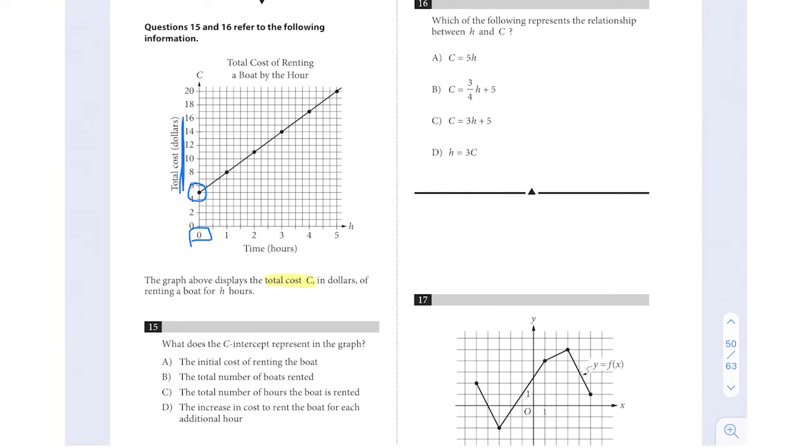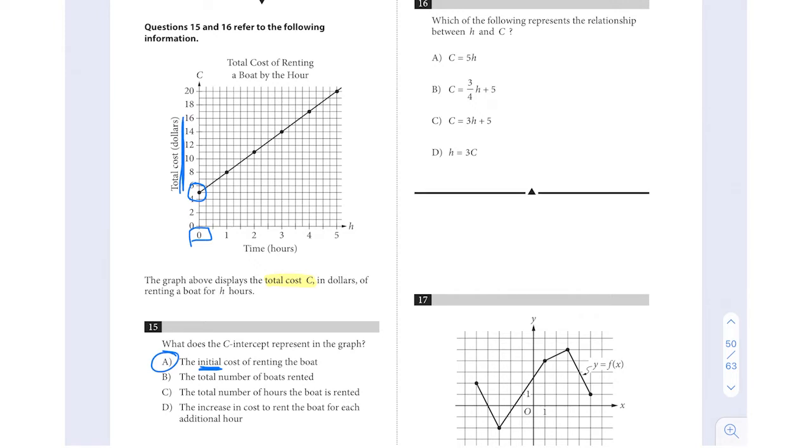Whether you're renting the boat for 3 hours, 8 hours, whatever it's going to be, there's this upfront cost, which according to the intercept is 5, the total cost in dollars. That's the initial cost before we do any additional calculation of the hourly rate. So initial, answer choice A for a question like 15.